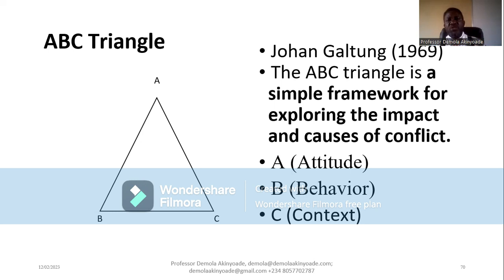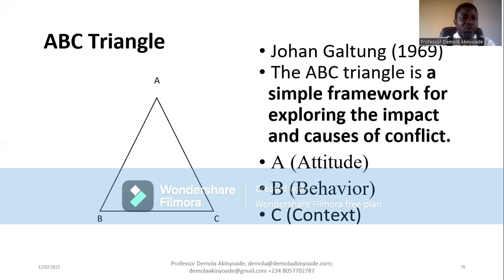In other words, the ABC triangle is saying that the attitude, behavior, and context influence one another in conflict. Ordinarily, there will be an arrow from A to B, and then another arrow going from B to A, showing that attitude influences behavior, and behavior also will reinforce the attitude. And also, behavior will change the context, and context will also influence behavior.